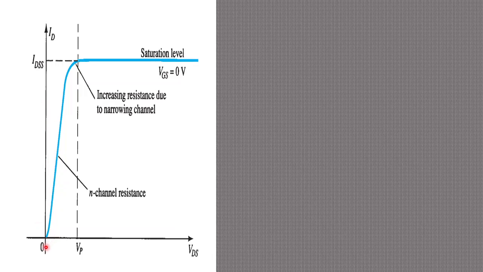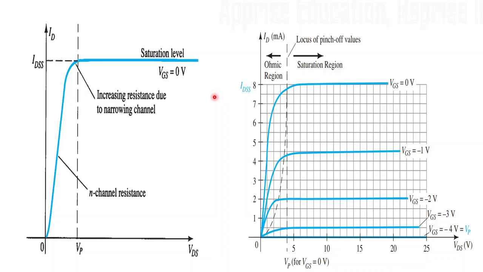This graph shows from 0 to VP, that is the pinch-off voltage, the current increases as in the usual ohmic graph. But when it comes to VP, the current suddenly becomes constant, and it continues to be IDSS. So this graph is for VGS equal to 0 volt.